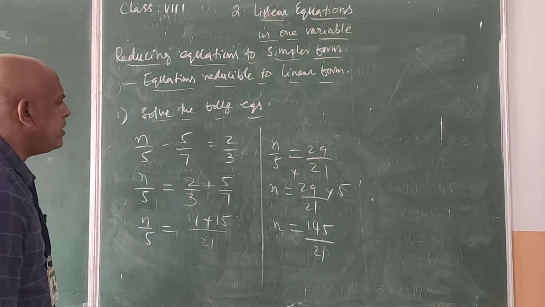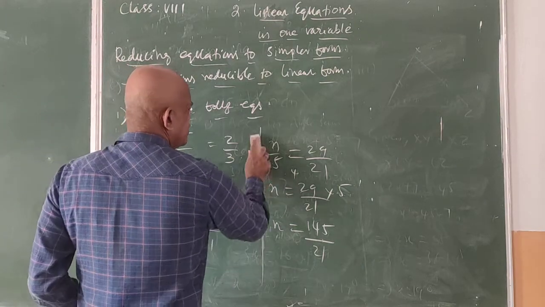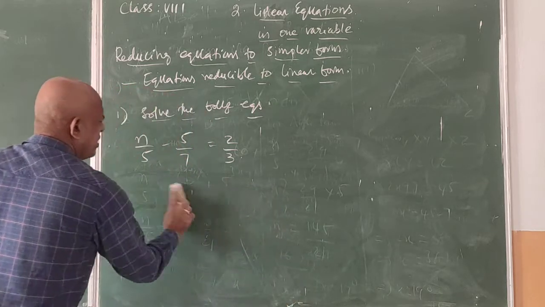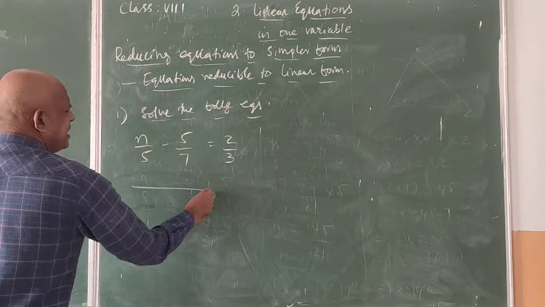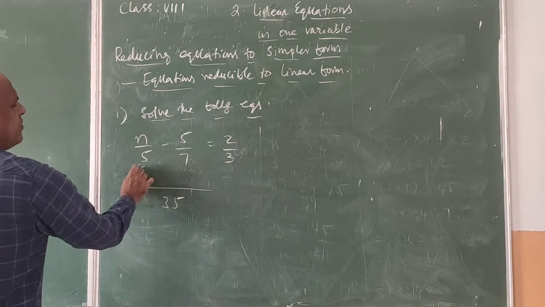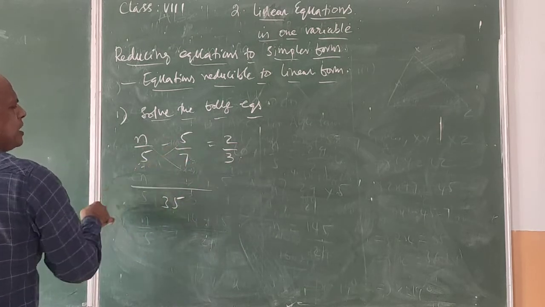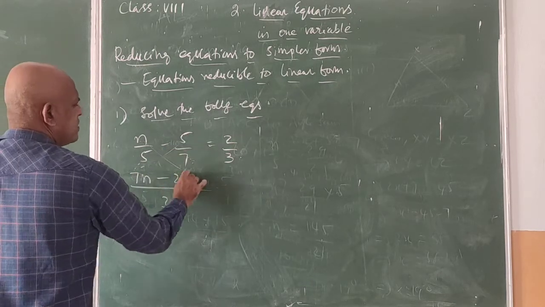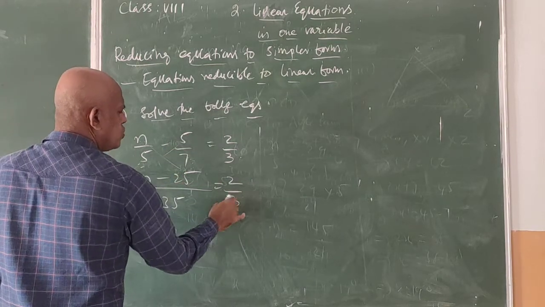Or in another way also you can do this problem. To convert into the simplest form, what will we do? In the LHS we will take the LCM. The LCM of 5 and 7 is 35, because both are prime numbers. When the product is the LCM, do cross multiplication: n into 7 is 7n, 5 into 5 is 25, that is 7n minus 25 by 35, is equal to 2 by 3.